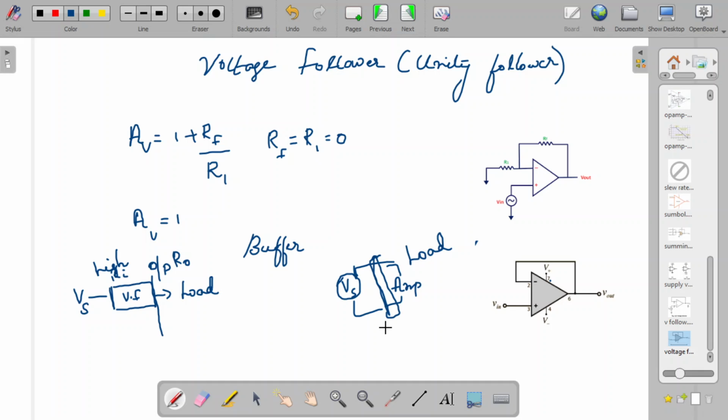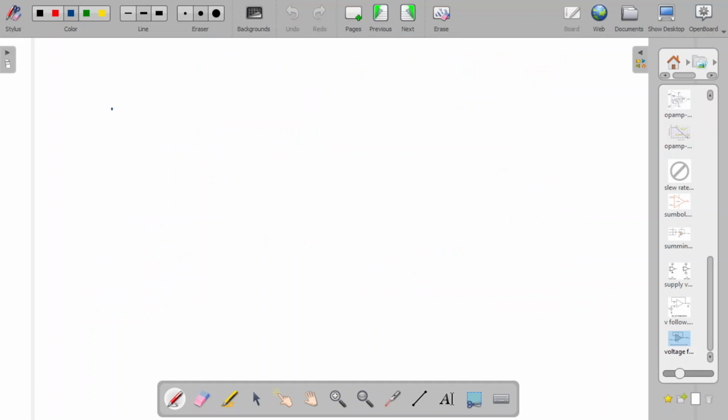Then another thing which you have to learn here is the common mode rejection ratio, CMRR. You know that it is the differential mode gain divided by the common mode gain. Here I can write the differential gain as the closed loop gain, since you don't give different signals at the input side; only the inverting voltage is given at the inverting terminal.